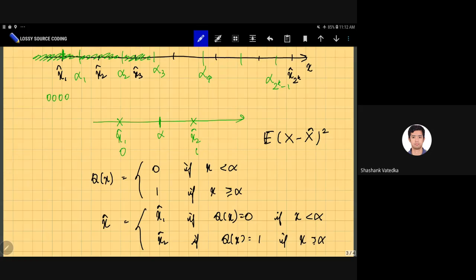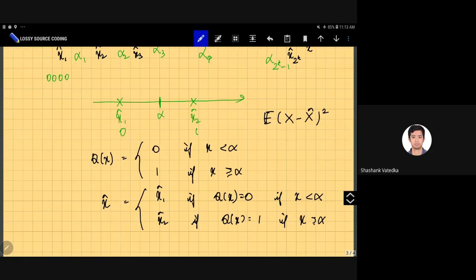So in this class, we'll basically fix a particular k, and then we'll try to design an algorithm which minimizes the mean squared error. Okay. So any questions?